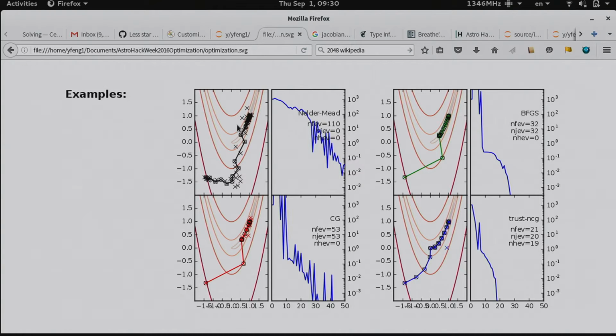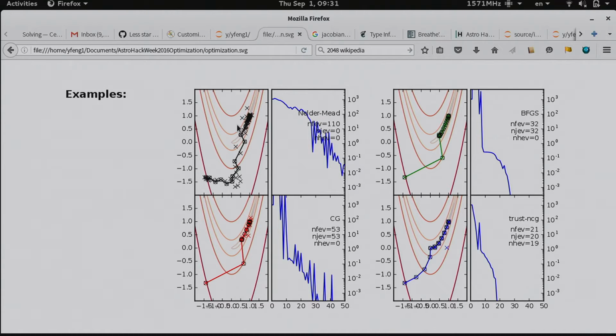The top left corner is the blind algorithm. It's the Nelder-Mead algorithm, and you see it arrives at the minimum, but it's very noisy. Each x there corresponds to an evaluation of the function on the left panel, in the contour. X is the evaluation, and the solid line connects the iteration points.